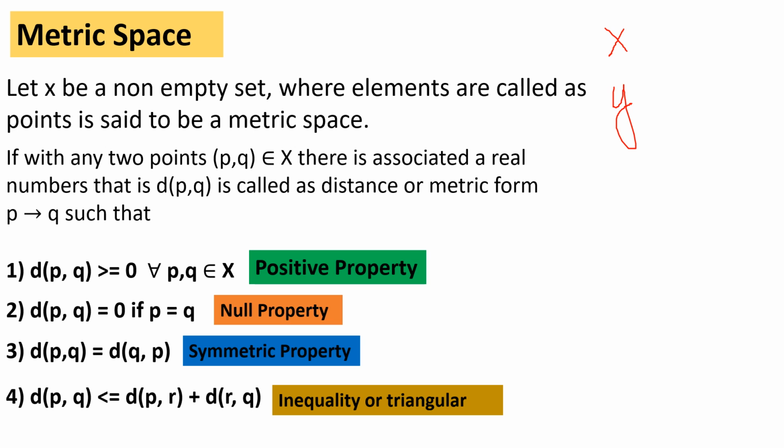Real numbers are nothing but those which include integers, natural numbers, whole numbers, rational numbers and irrational numbers. I think you know about the real numbers.